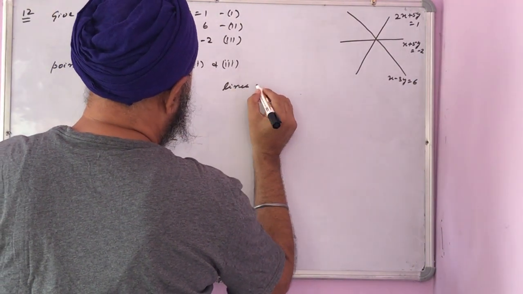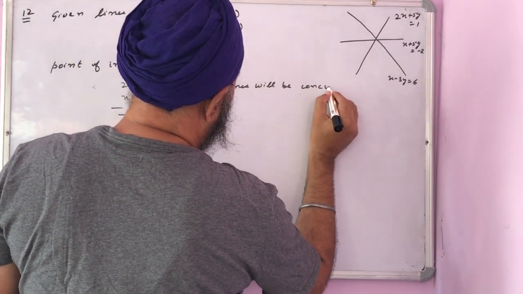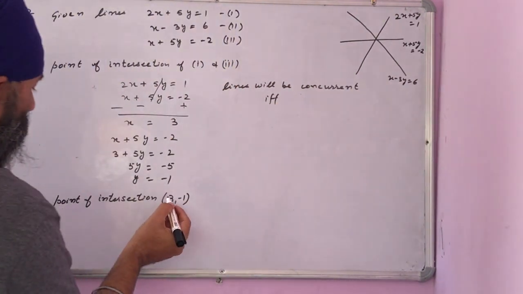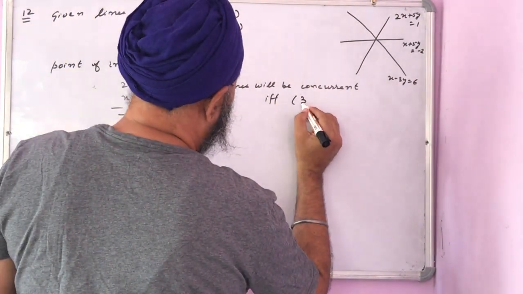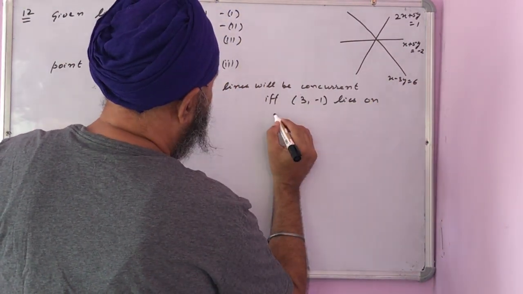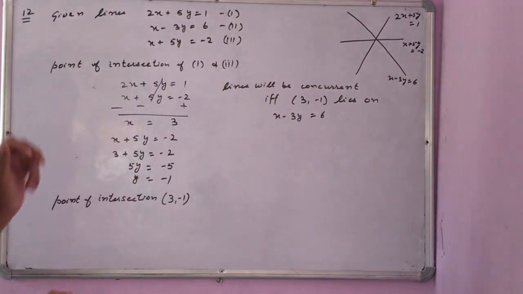Lines will be concurrent if and only if the point 3, minus 1 lies on x minus 3y equal to 6.